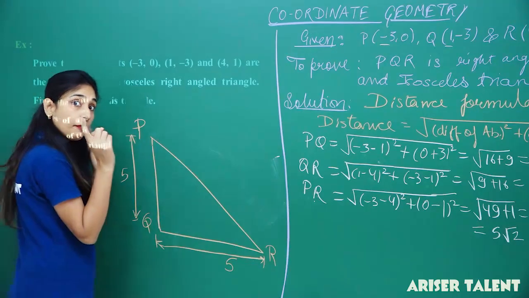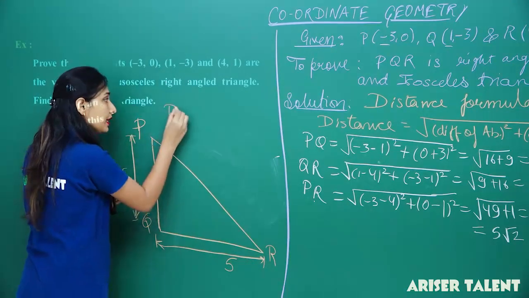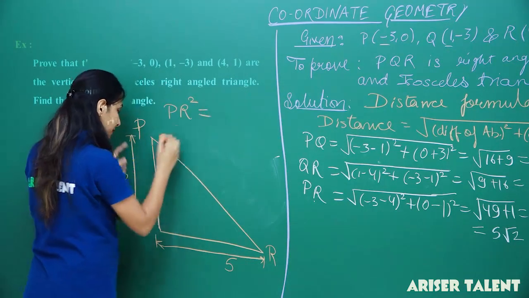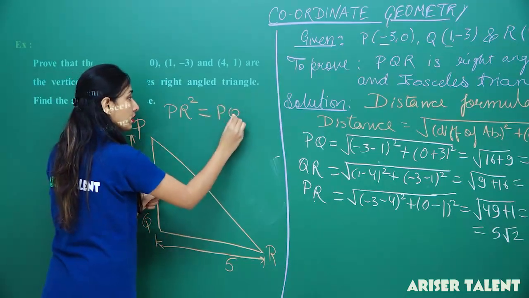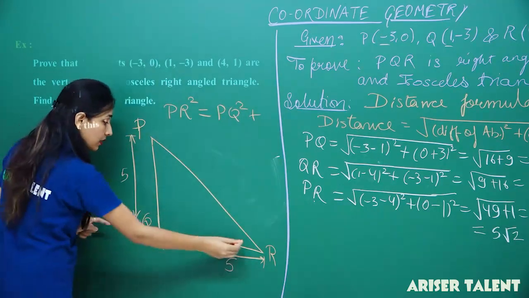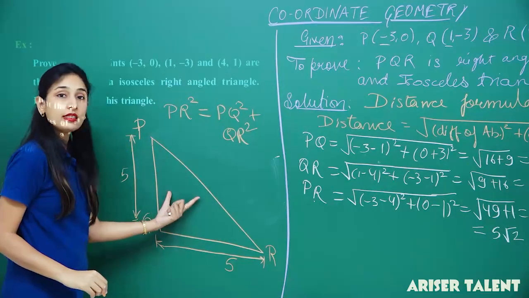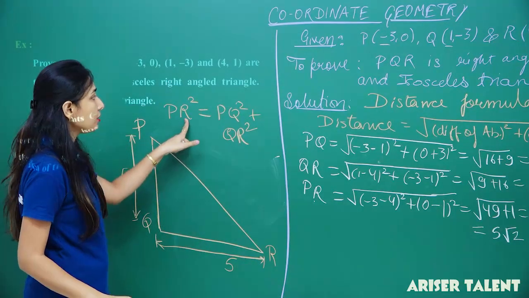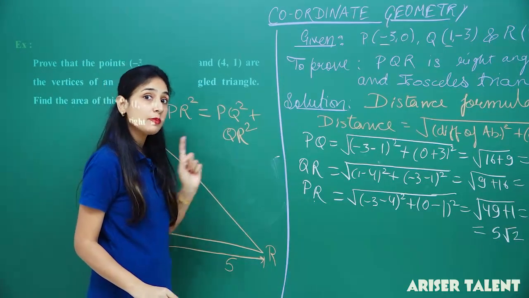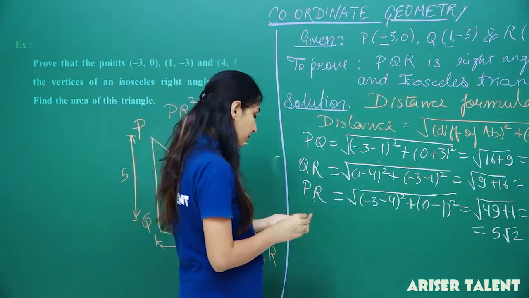So by the Pythagoras theorem, PR square should be PQ square plus QR square. If it's a right angle triangle, the hypotenuse square equals perpendicular square plus base square. This is the Pythagoras theorem, we know.